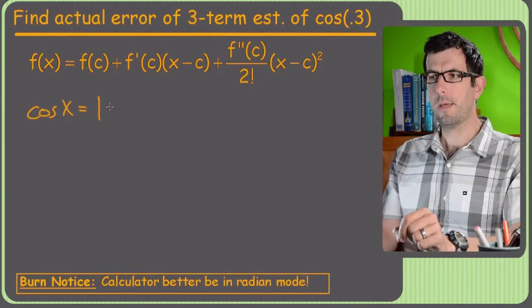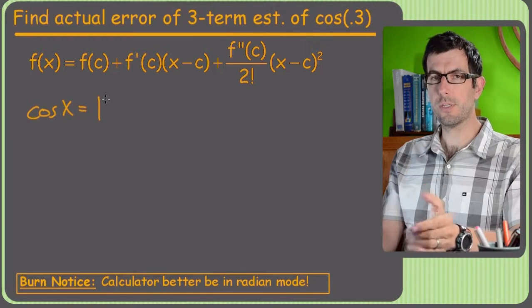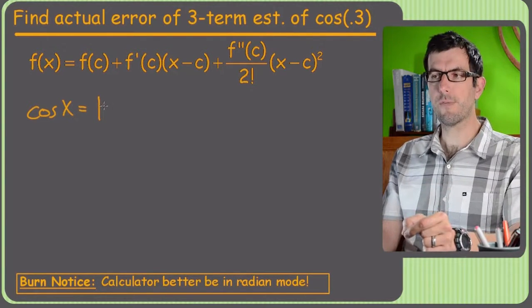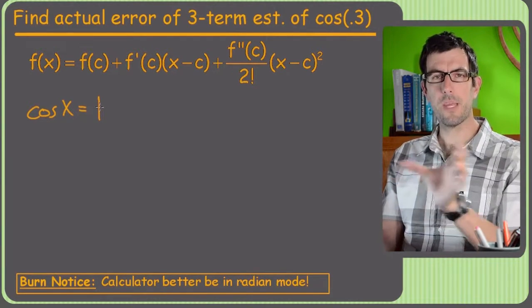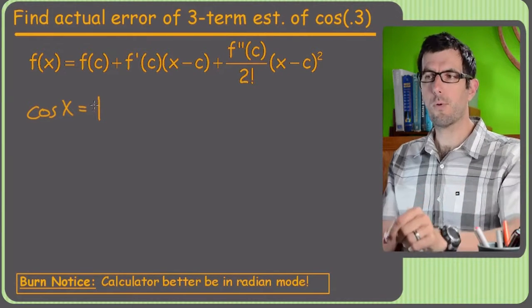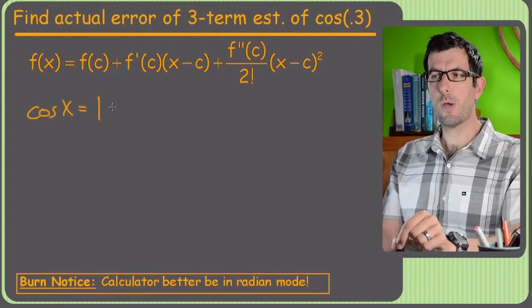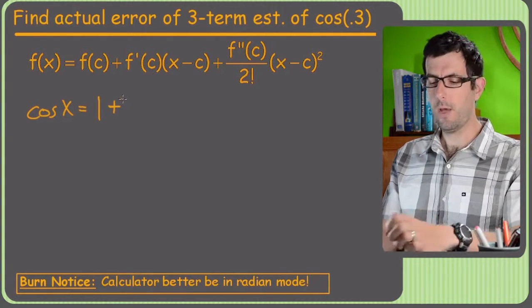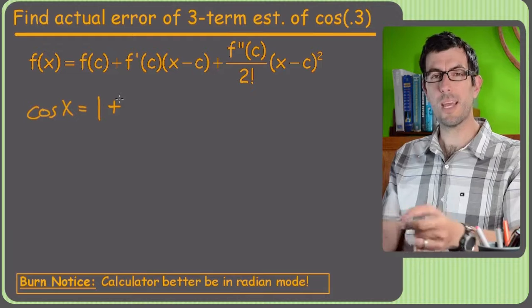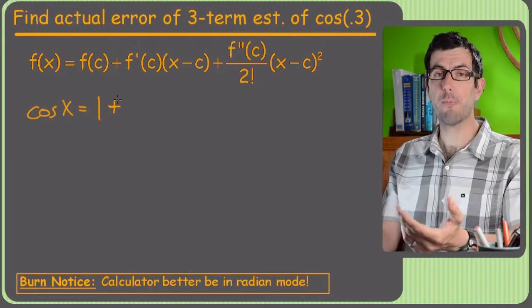which is going to be 1. And the way I remember this is the sine expansion starts with x, the x to the first term. Cosine is all the even powers, so it starts with a 0 power, or 1. Now the question is, do I want to start with a negative sign or a positive sign for that next term? Well, if you think about it, doesn't cosine have to be less than 1? Or the most it could ever be is 1.